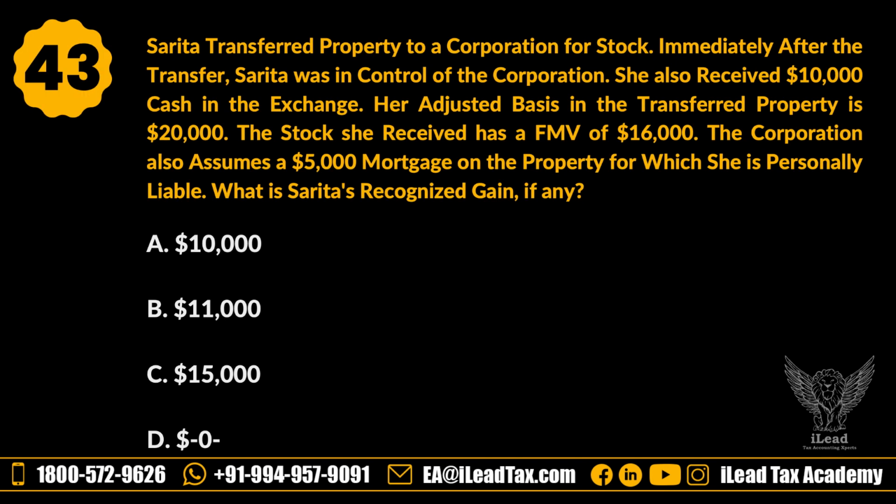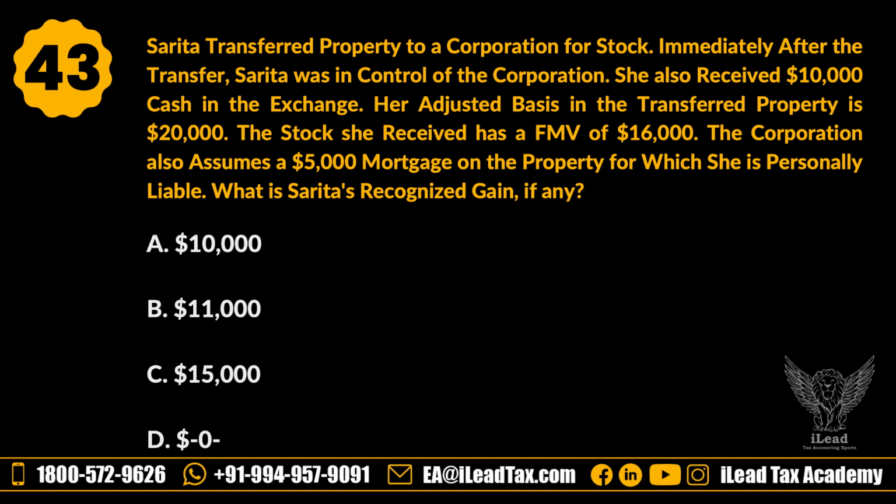Sarita transferred property to a corporation for stock. Immediately after the transfer, Sarita was in control of the corporation. She also received 10,000 cash in the exchange. Her adjusted basis in the transferred property is 20,000. The stock she received has FMV of 16,000. The corporation also assumed a 5,000 mortgage on the property, for which she is personally liable. What is Sarita's recognized gain, if any? See the options.